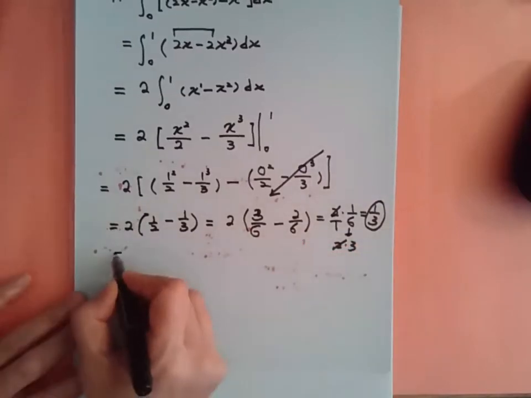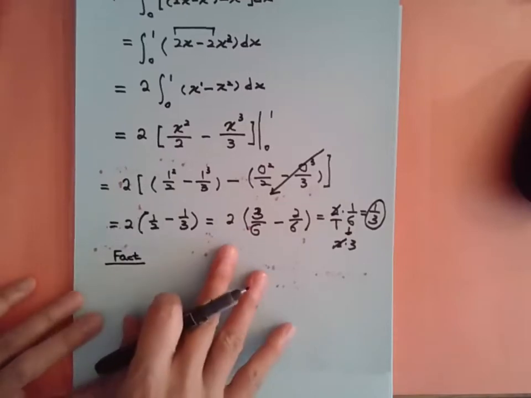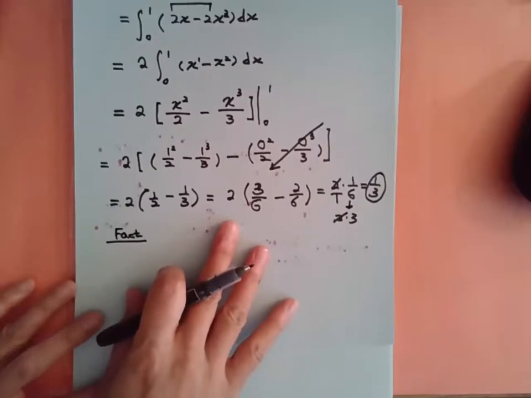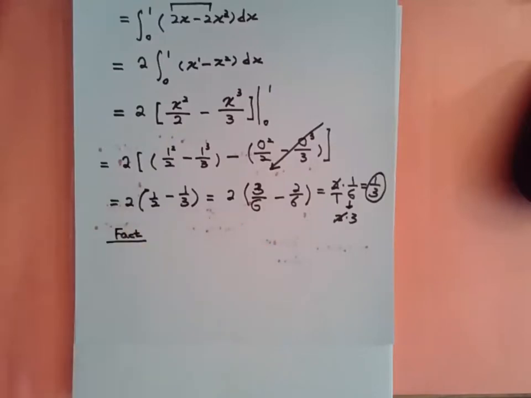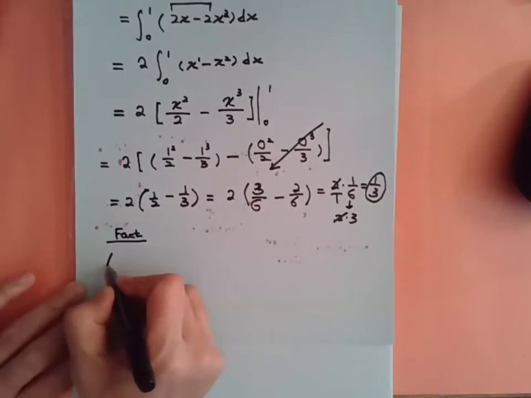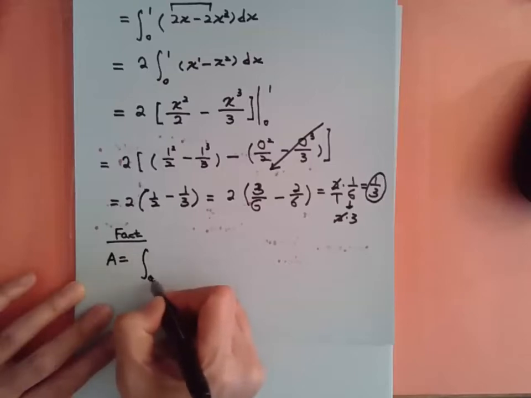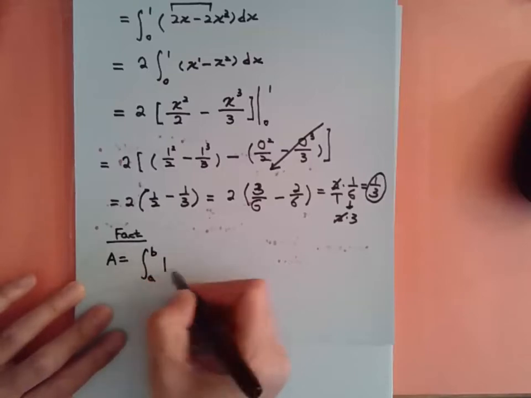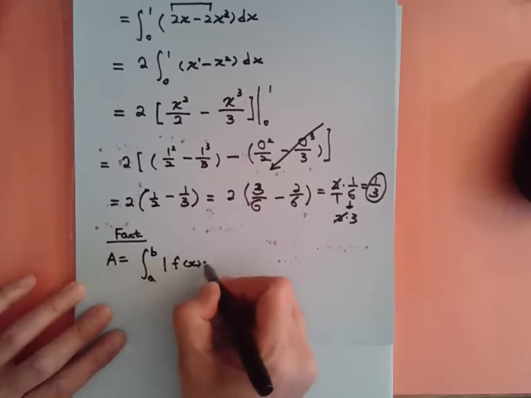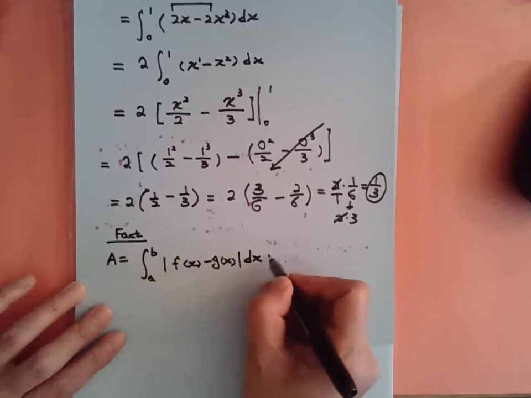So if something is unclear, then you can just calculate the difference between the two curves. And if the answer is negative, then all we have to do is drop the negative sign. So area can be described as the integral from a to b of the absolute value of f of x minus g of x dx.